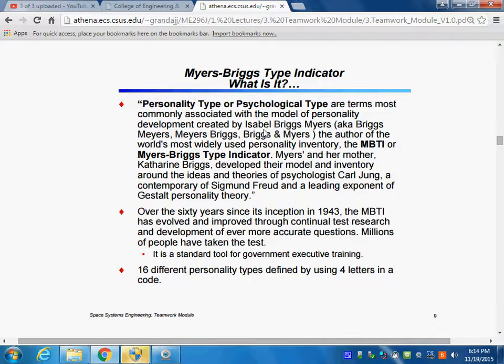There is a program developed by Isabel Briggs Myers called the Myers-Briggs personality test. It stands for MBTI, or Myers-Briggs Type Indicator.